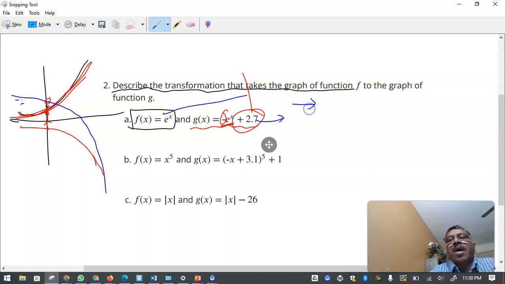Okay, and that's it. So what you are supposed to write is, for the parent function e raised to x, step number 1: reflect f(x) = e raised to x over the x-axis.